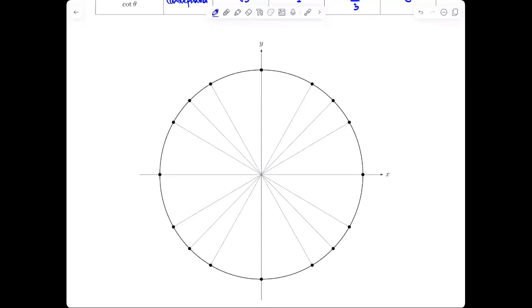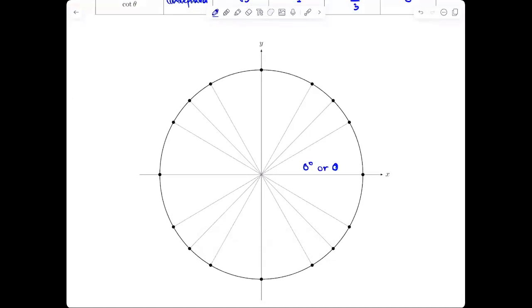All right, so here's what I'm going to do. I'm going to start with 0 degrees or 0. One is degree measure, the other one is radian measure. And remember, the point consists of the x value first and then the y value, so cosine and sine.